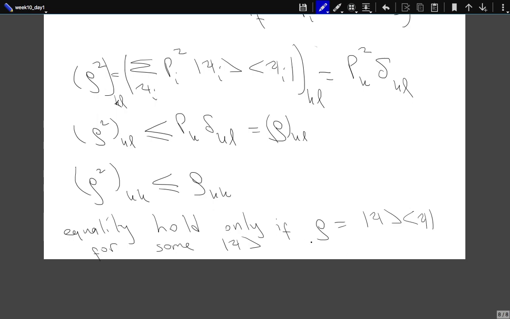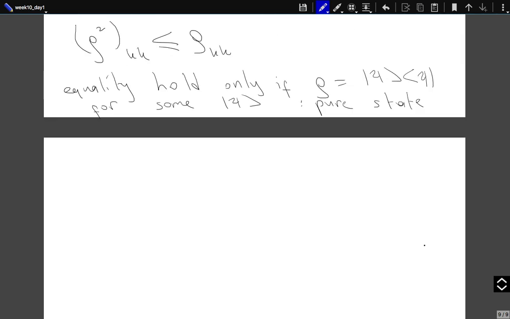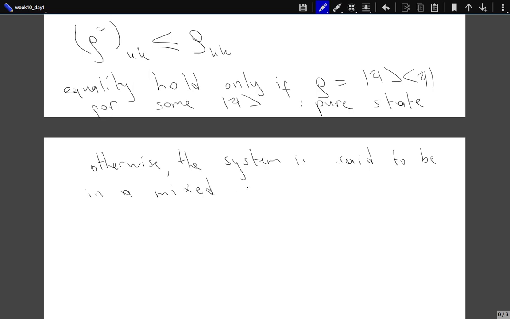This is what's called a pure state. So there's a single wave function describing my system. Otherwise, it's a mixed state. The system cannot really be described by a single wave function.